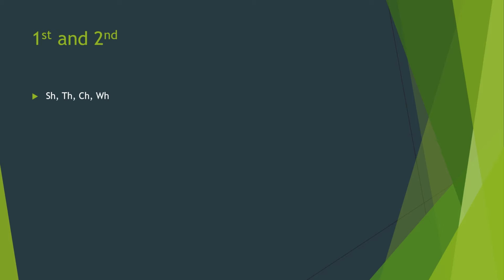Very good. Now, first and second grade, let's look at SH, TH, CH, and WH, sorting between those sounds. Let's look at some examples of those sounds first. So CH makes the CH sound in words like challenge, chance, and change. Those are words that you might have heard. WH, that's in a lot of our question words like where, what, and when.